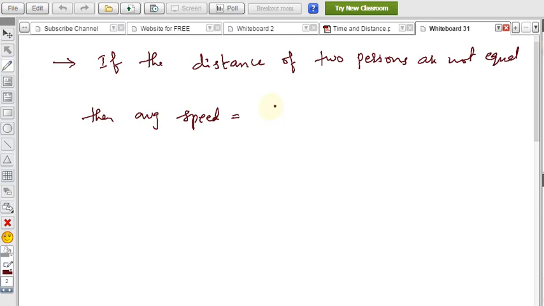According to the average speed formula, it is total distance by total time taken, right? So you have to add all the distances d1 plus d2 plus d3 and so on, divided by all the times t1 plus t2 plus t3 and so on. This is the average speed.